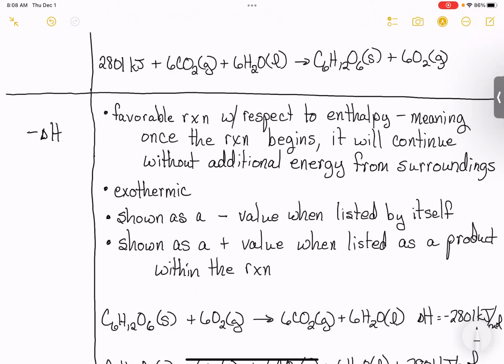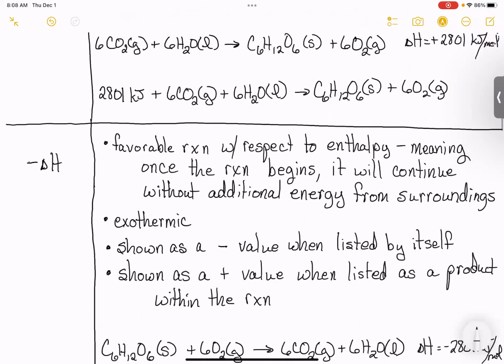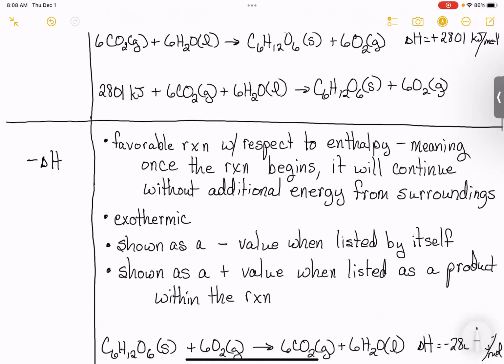These reactions are simply the reverse of one another. And looking at these reactions as the reverse of one another, you will notice that the value of the enthalpy is identical. The only difference is the sign.